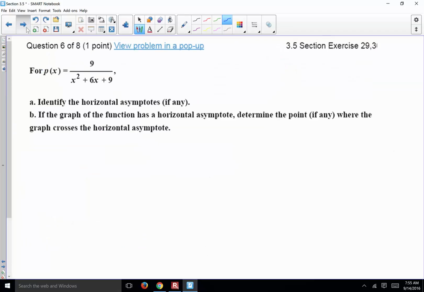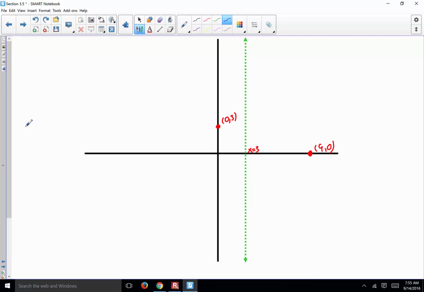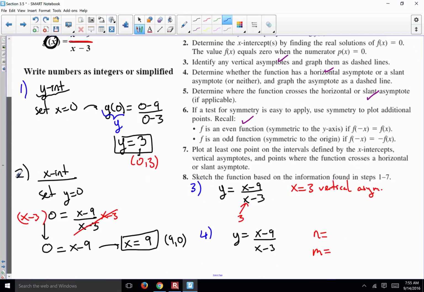If top equals bottom, it's the ratio. Alright, which situation do you have here? What is n and m? 1 and 1. So n equals m. So do we have an asymptote?